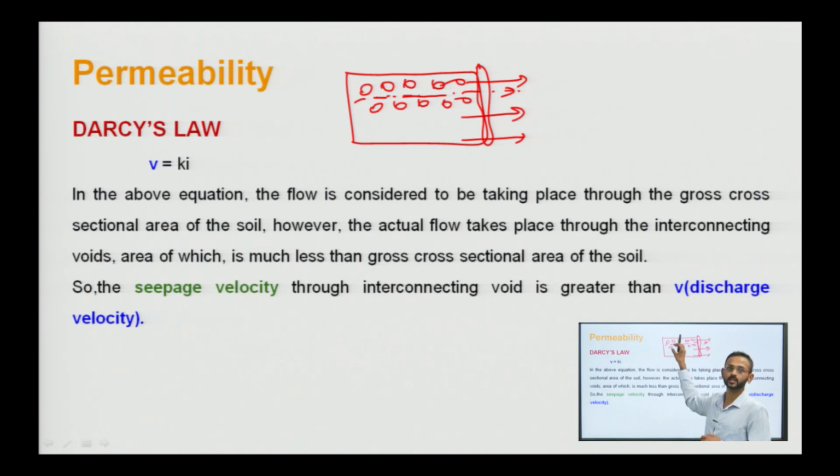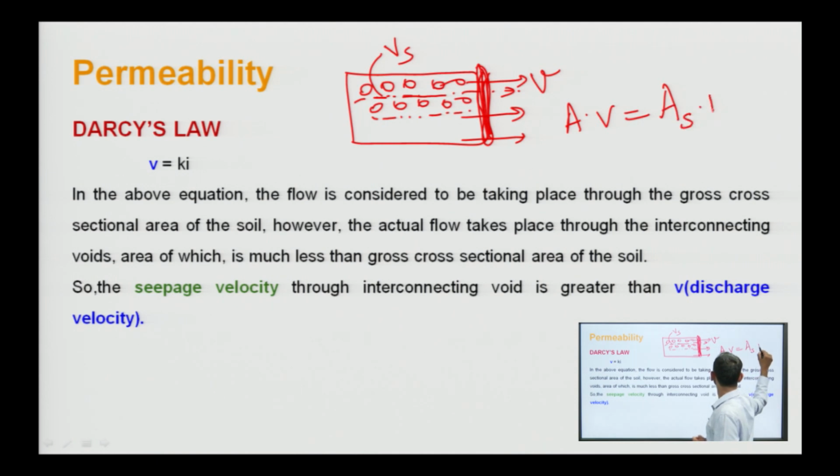If we consider the entire section, the velocity is V, and the actual seepage takes place in this constricted section, with velocity Vs. If the area is less, the velocity will be more, following the continuity equation: A into V is equal to area of voids into Vs. So, the seepage velocity is through the interconnecting voids, and it will be greater than the discharge velocity. We will see how they are related.